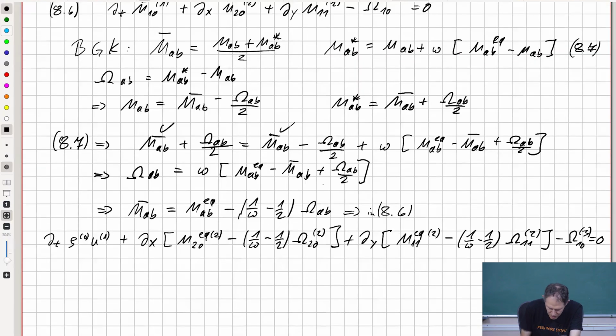So we know what m20 equilibrium to second order is. This comes from the Maxwell-Boltzmann distribution. So there is the speed of sound squared. Now, because we have gone non-dimensional, I write the speed of sound non-dimensional as the non-dimensional temperature theta. Theta times rho to the second order, plus u to first order squared times rho to the 0 order.